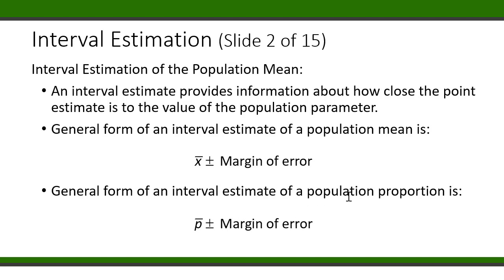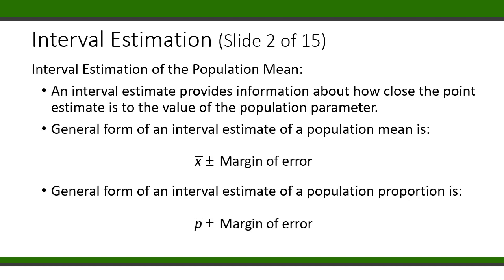And for the population proportion, that interval estimate is the sample proportion plus or minus the margin of error. That gives us some estimate of how close we are to the actual value, the point estimate that we're talking about.